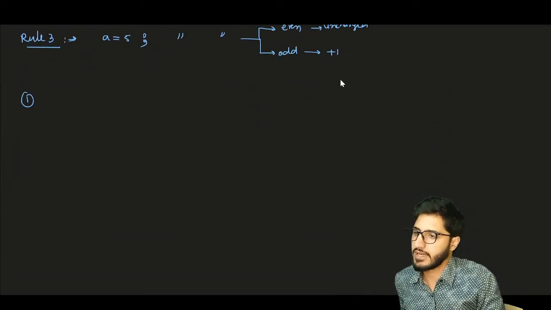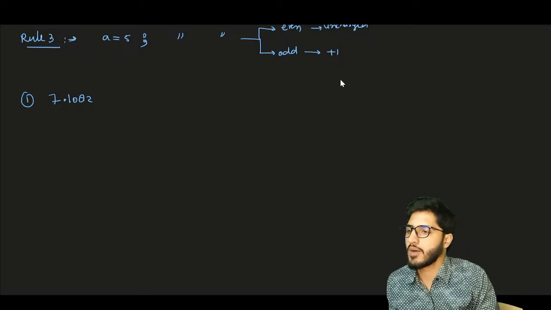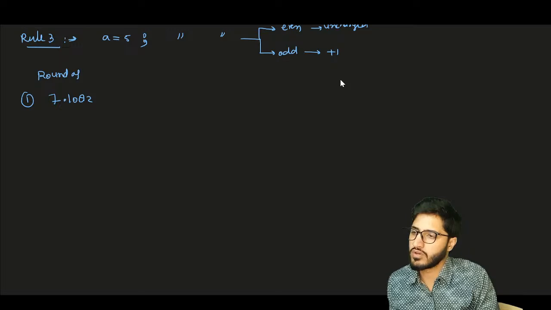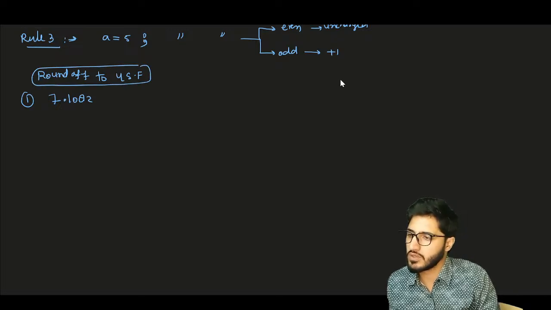Let's take some examples to get it clear. First one, my number is 7.1082. We have to round it off to 4 significant figures, so up to 1, 2, 3, 4.